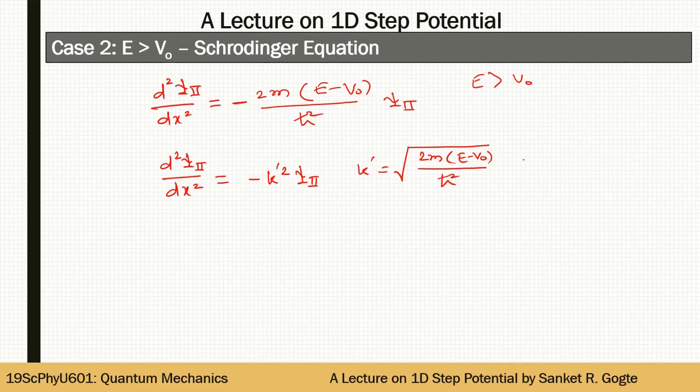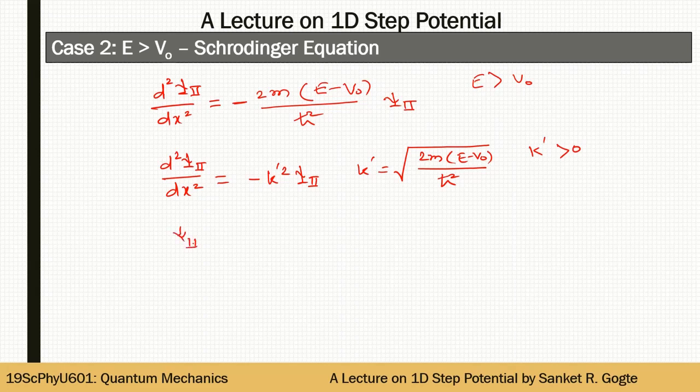And remember, this is also positive, so k prime is greater than 0, a positive constant. Don't get confused by the notation: I'm using the same k prime and psi 2, but they have a different meaning. In the previous case, this negative sign wasn't there, whereas in this case we have that negative sign.